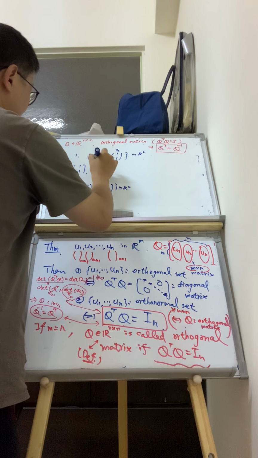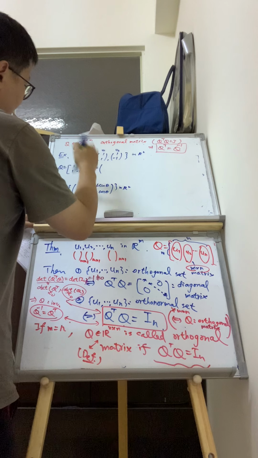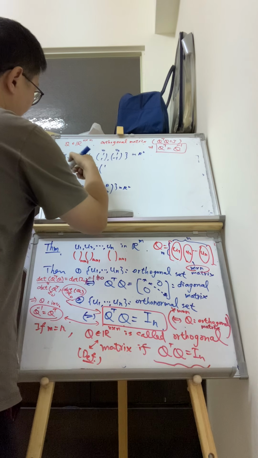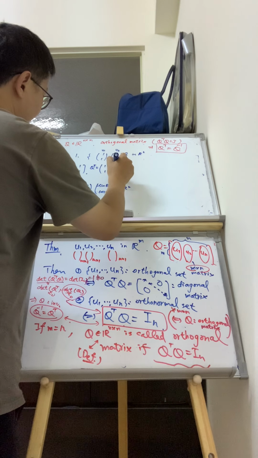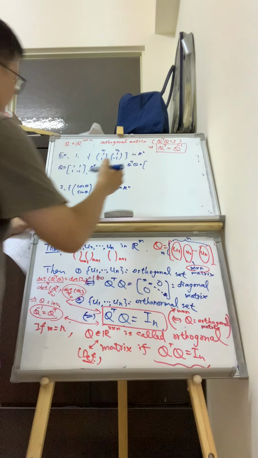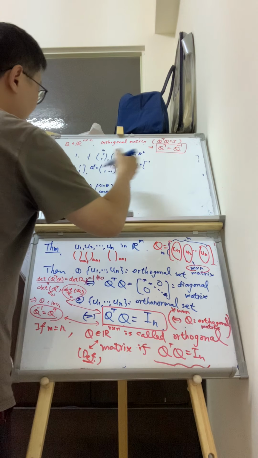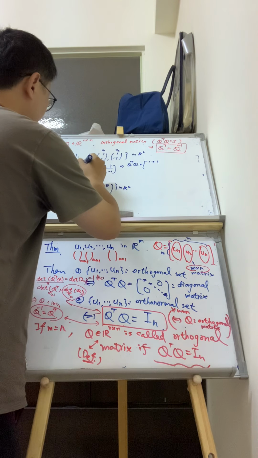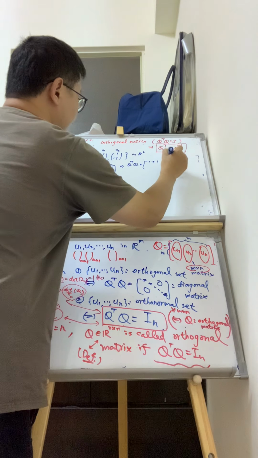The Q transpose is the same, because this one is symmetric. So the first column becomes the first row, the second column becomes the second row. It's the same. So Q transpose Q, once you check it, is 1 plus 1 here, and 1 subtract 1.